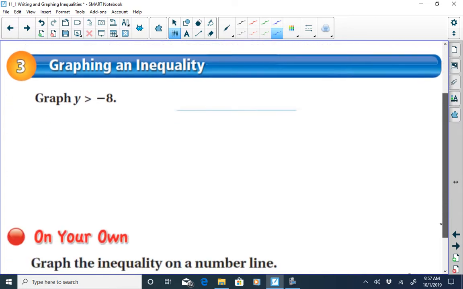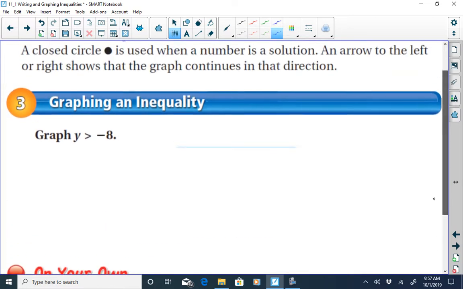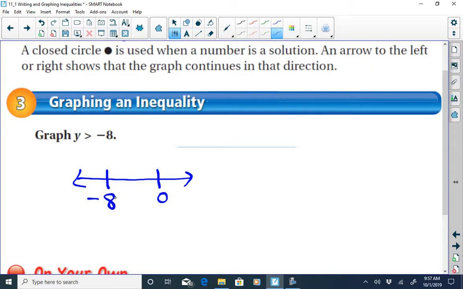All right, so very simply, let's start with y is greater than negative 8. If I'm graphing y is greater than negative 8, I start with a number line. I always like to show 0 on my number line, and I know negative 8 is to the left of 0. Now, y has to be greater than negative 8, which means that y cannot be equal to negative 8, so that means I'm going to have an open circle at negative 8.